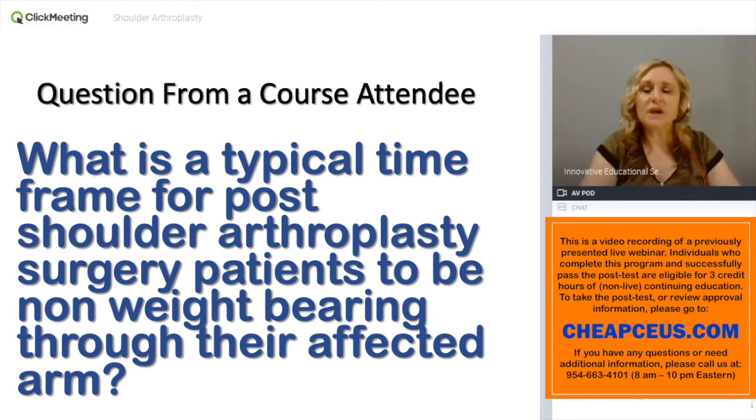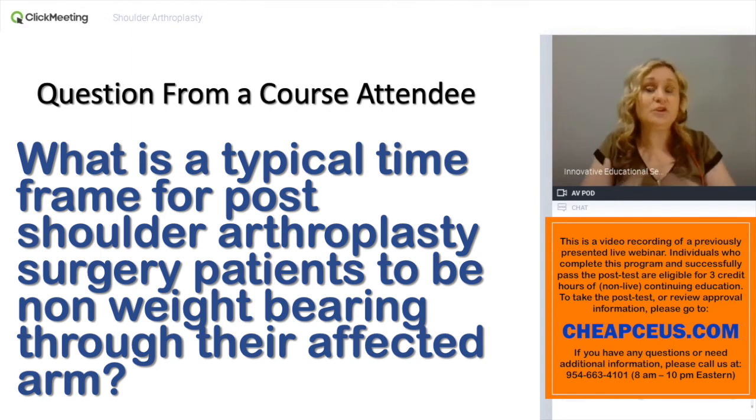What is the typical time frame for a post-shoulder arthroplasty patient to be non-weight bearing through their affected arm? You're going to see a difference whether they had the total shoulder arthroplasty or the reverse arthroplasty. Generally speaking, the physicians tend to be more conservative in the reverse arthroplasty in terms of when they're going to allow functional use of that upper extremity, because they get the compressive load with functional tasks that don't even require actual weight bearing.